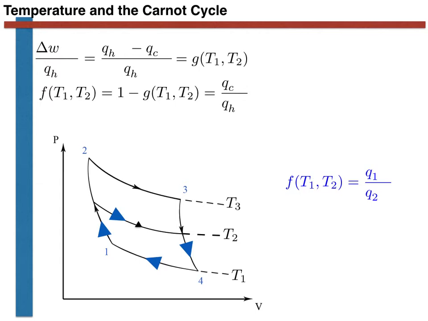The operation of this engine is shown by the blue arrows. This engine outputs Q1 joules of heat to the heat sink at T1 and absorbs Q2 joules of heat from the heat bath at T2. The f of T1, T2 value for this engine is thus Q1 divided by Q2, as shown in blue on this slide.